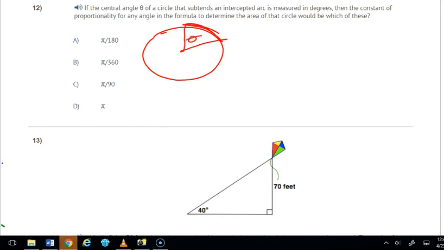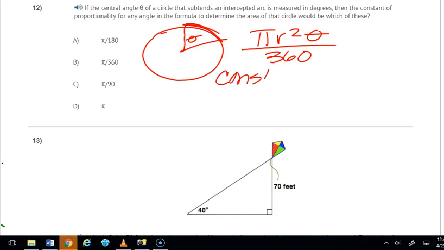This would be our theta. So that formula that we use to find that, wouldn't that be pi r squared theta over 360? It would be. Now, the question that's really being asked of us here is what is the constant of proportionality?